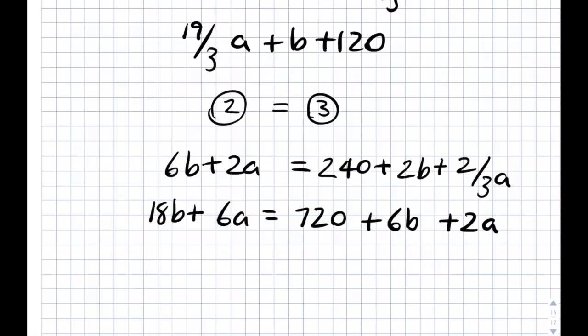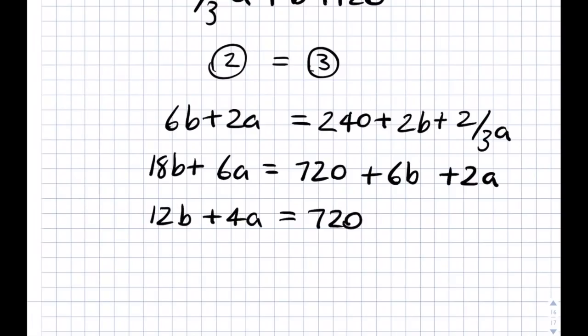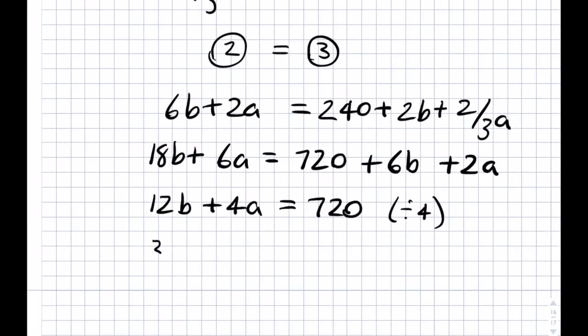And then subtract my b's from one side, so I get 12b plus 4a equals 720. And then I can divide this equation through by 4, and I'm going to get 3b plus a equals 180. Okay, so that is my first equation: 3b plus a equals 180.